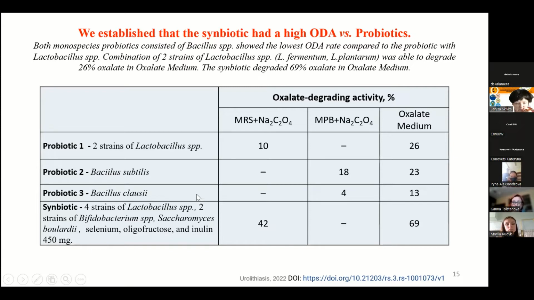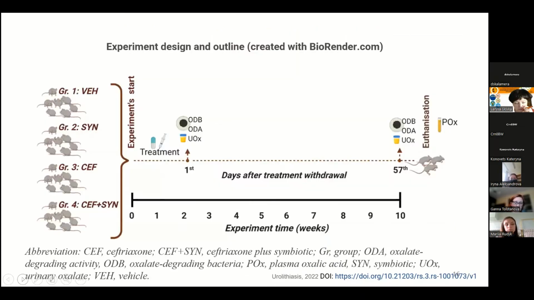And also, if we compare these probiotics, with an increased number of species the activity increases. So obviously, we decided to go with this symbiotic because in our experimental settings it showed the best results. And we designed the experiment.